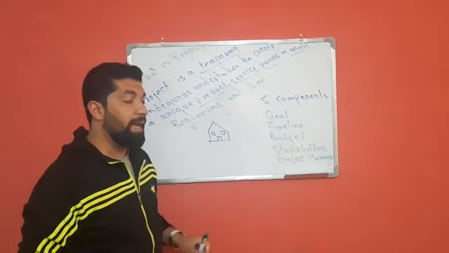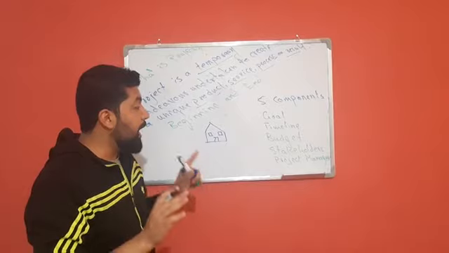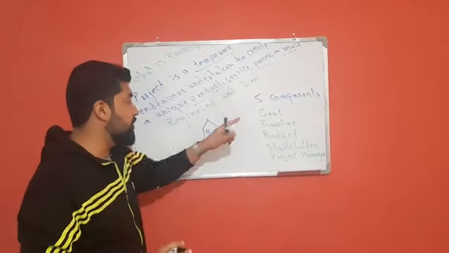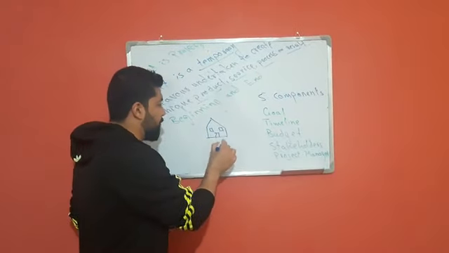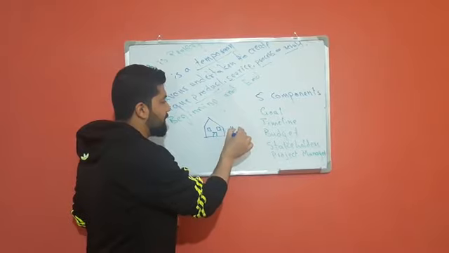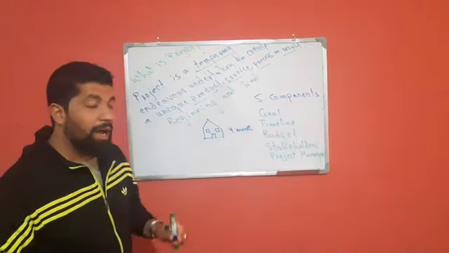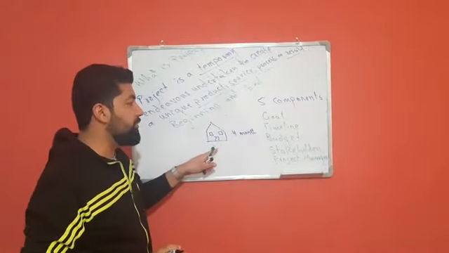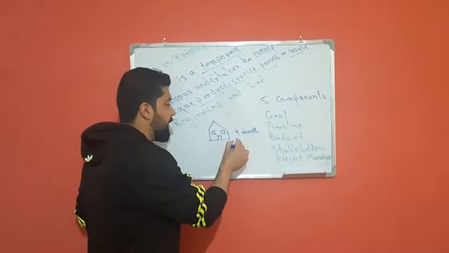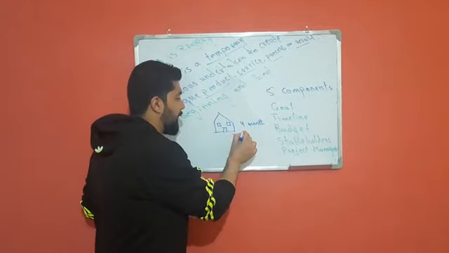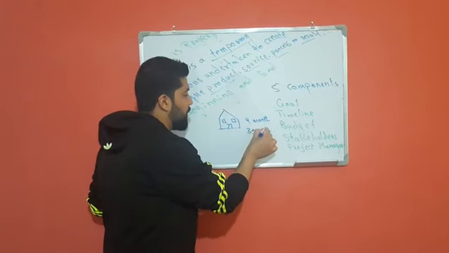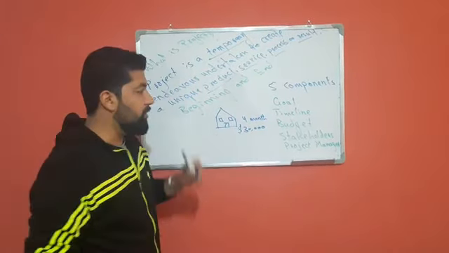The timeline. How long will it take to achieve the goal? Let's say 4 months. And the third thing, how much will it cost to achieve this goal? For example, let's say it will cost $30,000 US dollars to achieve this goal.